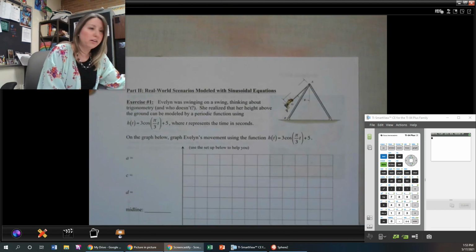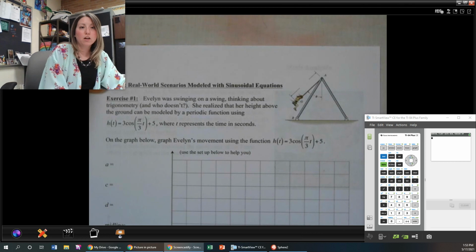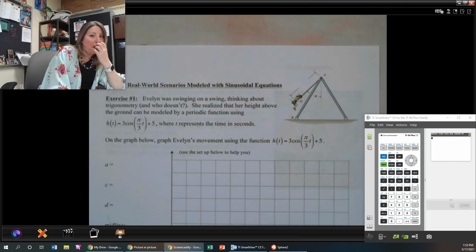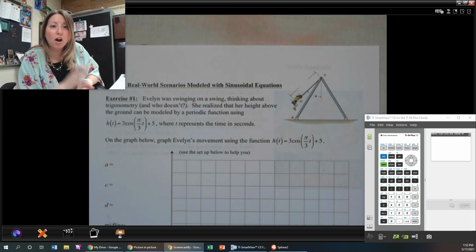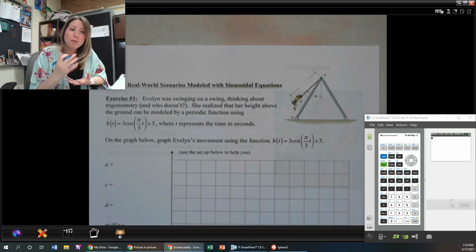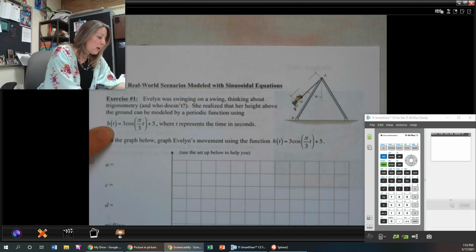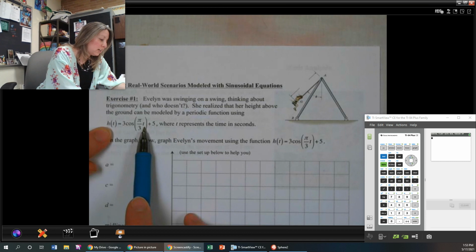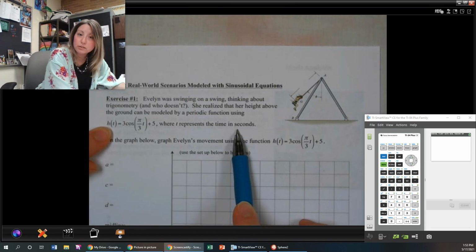So, here is a sinusoidal question about good old Evelyn swinging on a swing, thinking about trig, as one does. And she realized that her height above the ground can be modeled by a periodic function using her height equals 3 cosine pi over 3t plus 5, where t is representing the time in seconds.